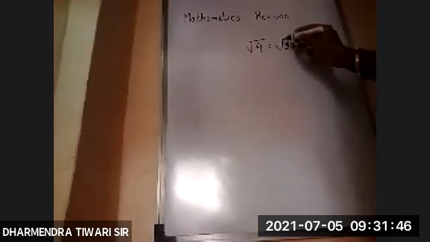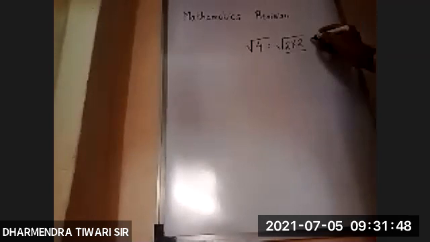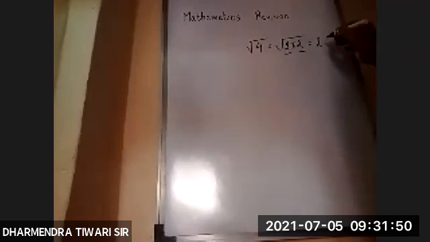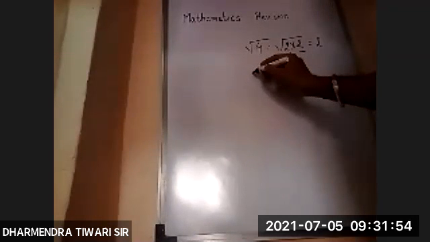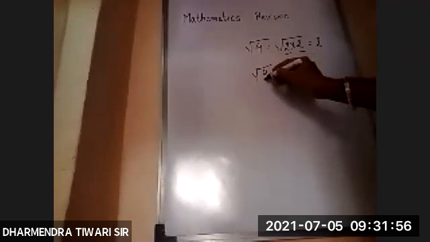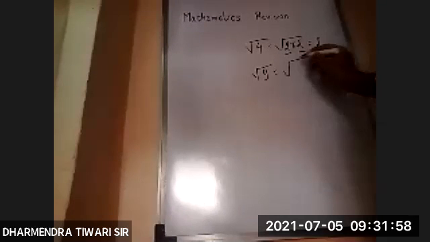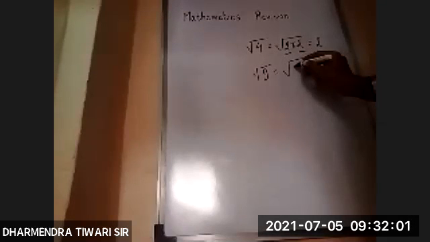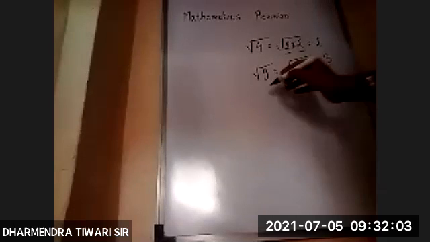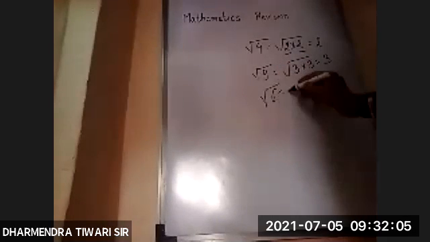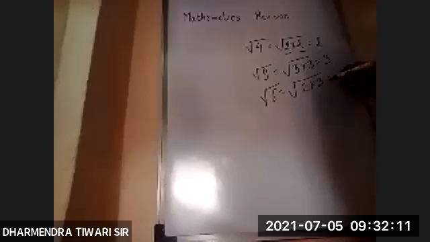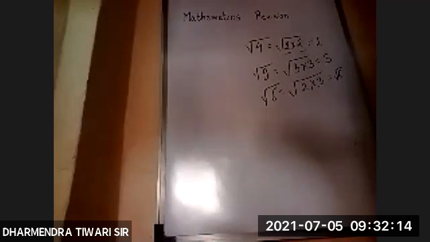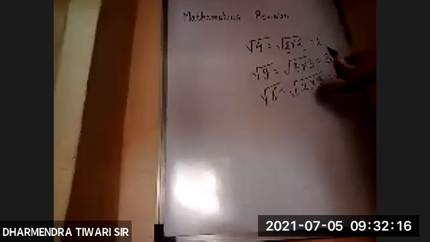Under the root we have two 2's, so it returns only one 2 outside. If we have square root of 9, that is 3 into 3, it returns only one 3. If we have square root of 6, we have 2 into 3. They are not the same, or you can write it as root 2 into root 3.